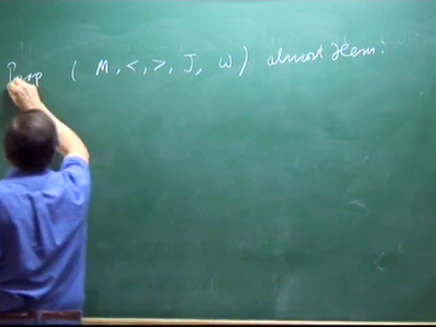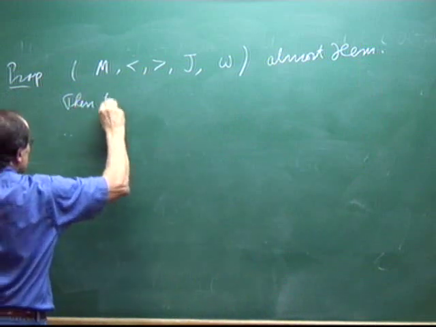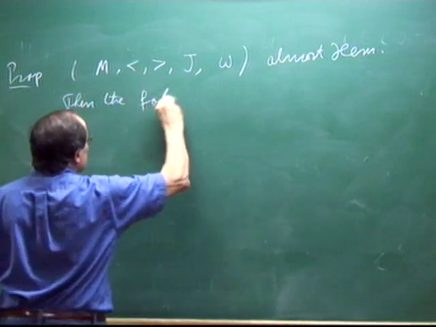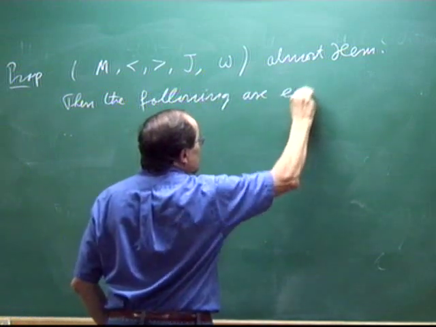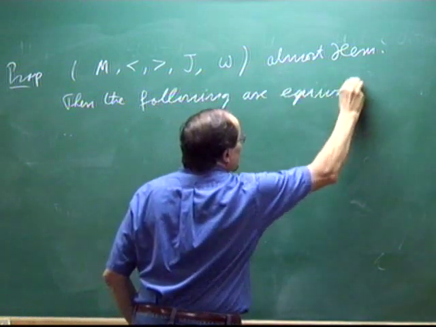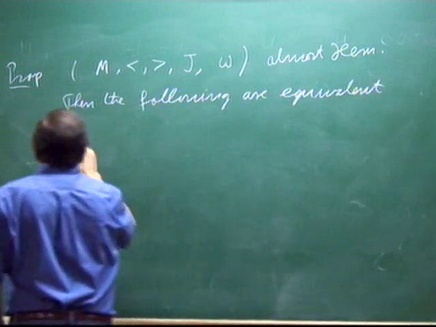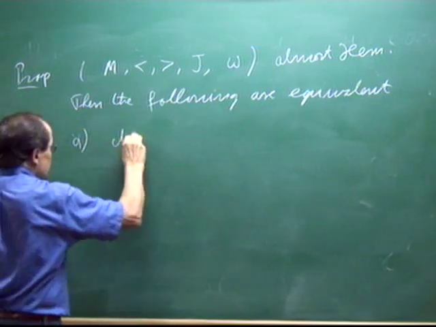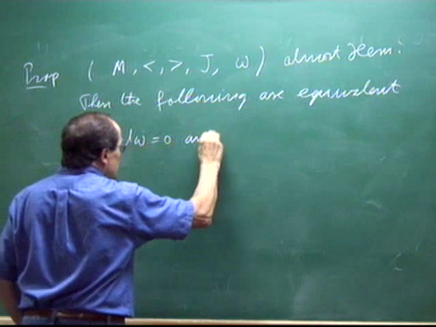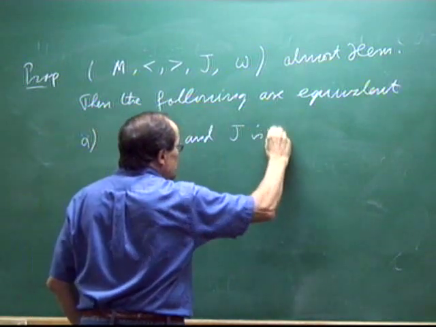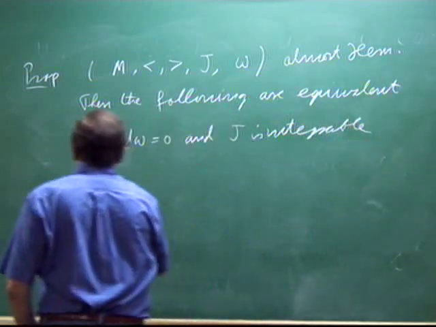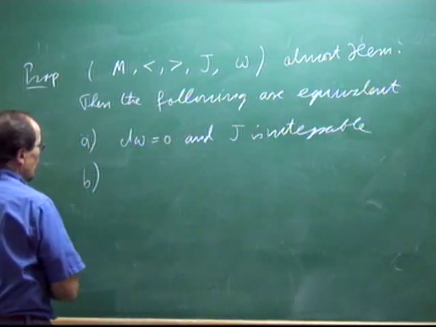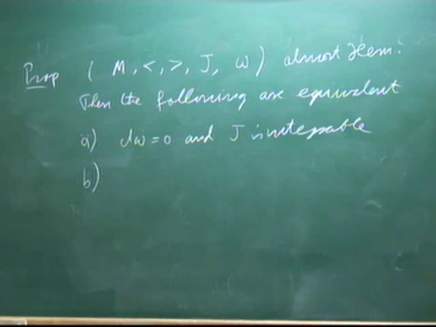And the following are equivalent. A is d omega is equal to 0, and J is integrable. There are four equivalent conditions.